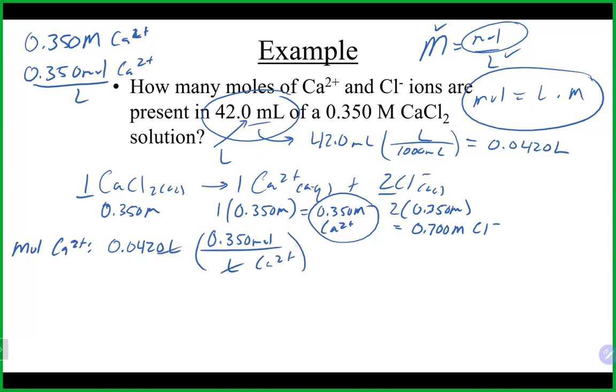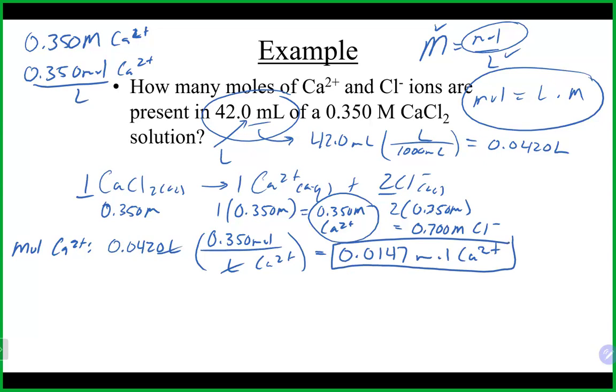The liters will cancel, and that will get me 0.35 times 0.042, which is 0.0147 moles of calcium ions floating around in there. Any question on that part of the calculation?